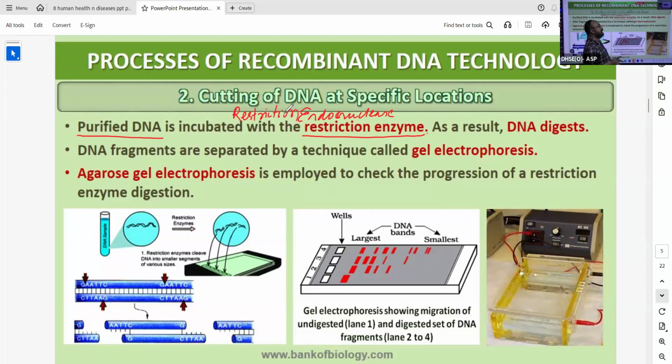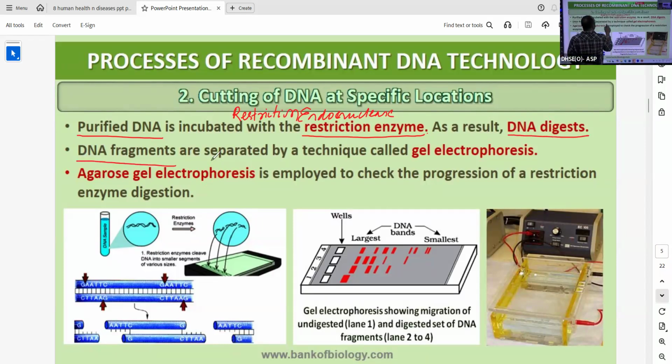Only those sites where cutting is required, meaning the sequences that we need to obtain, we take out. The rest are not essential for us. Therefore, we refer to them as restriction endonucleases. Fine. So as a result, the DNA is digested.